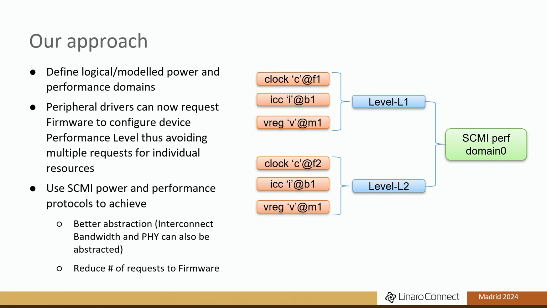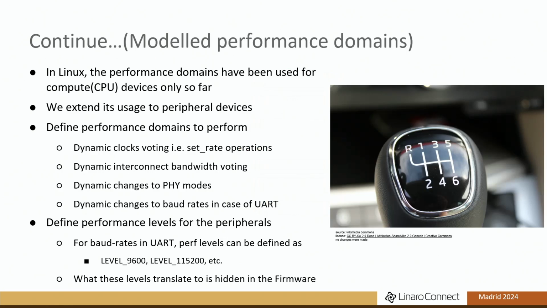So this way we can group the resources together, and we can even abstract PHY as well as interconnect, and we are also cutting down the number of requests going to the firmware as compared to if we individually use all these drivers.